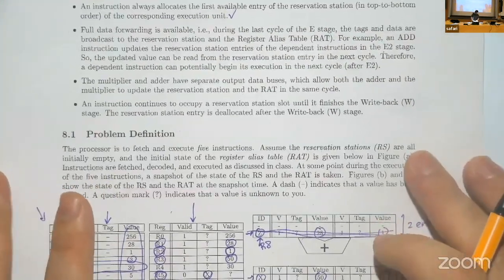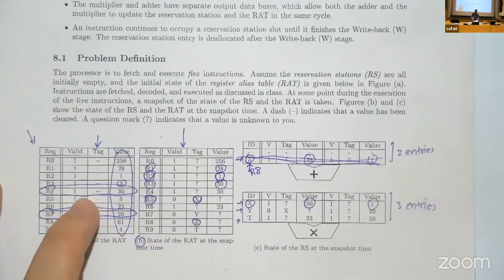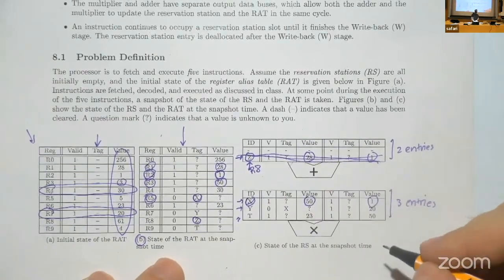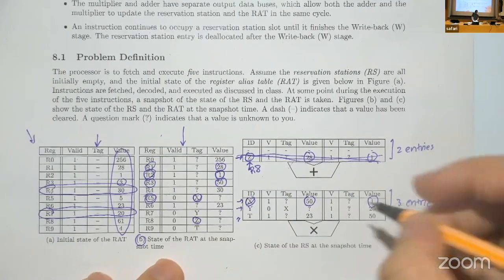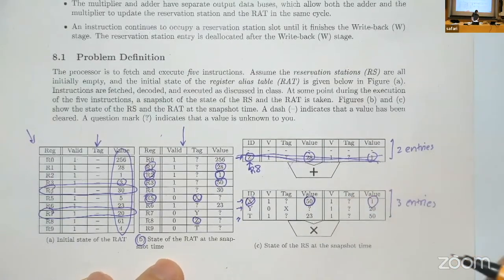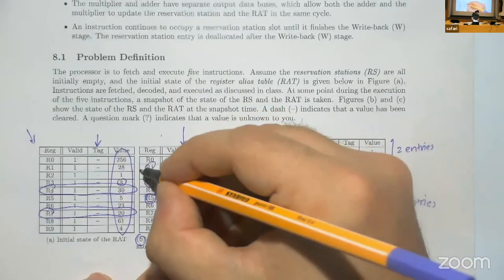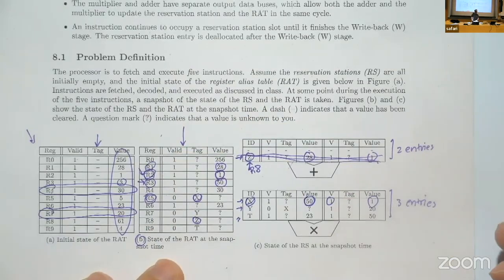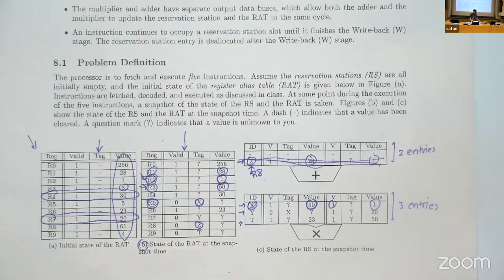So this way, given that we found this instruction, we also know that X is the result of the multiplication of R3, which is 50, and of a valid register with the value 1, which is R2, right? So the next instruction, the first instruction which was executed is this one.